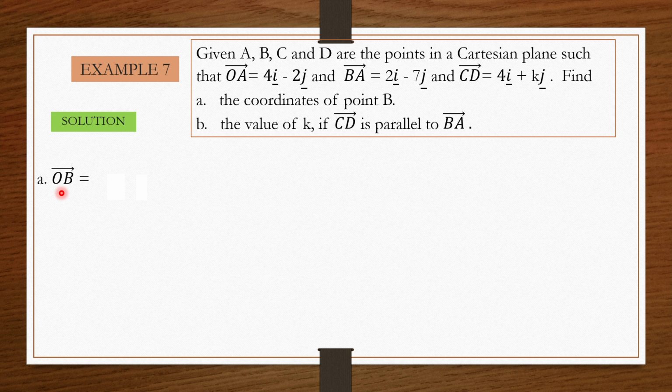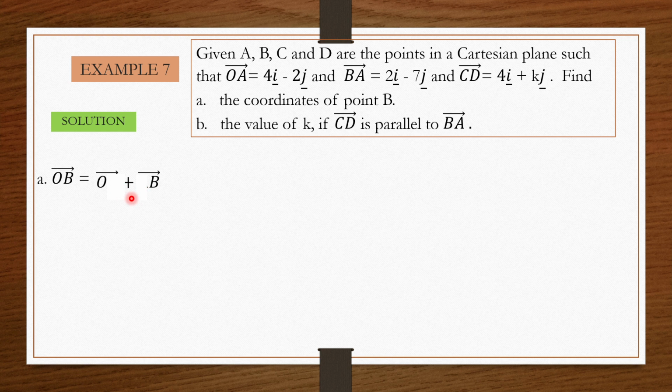So here, in order to find OB, before that you have to form the equation. So you need to start with the vector that begins with letter O and you end up with a vector that ends with letter B. In between you need to put a letter. Okay, they have to be the same.